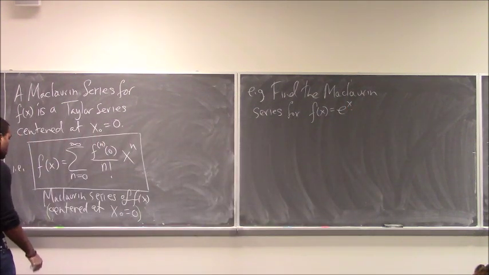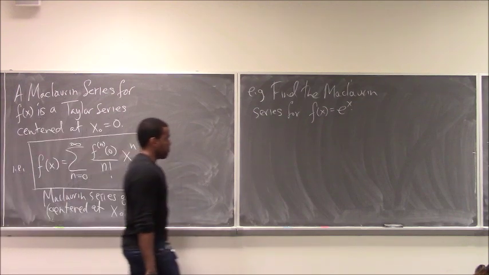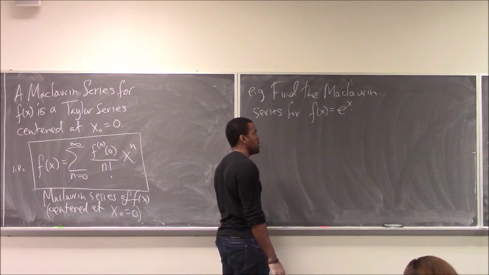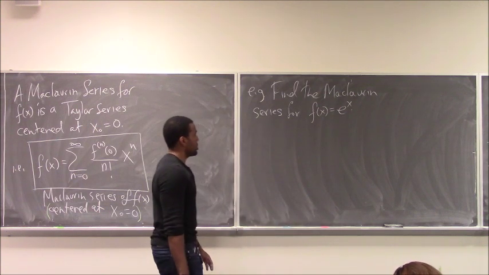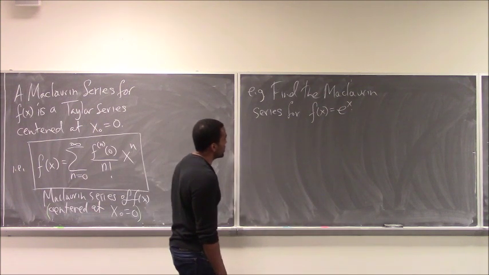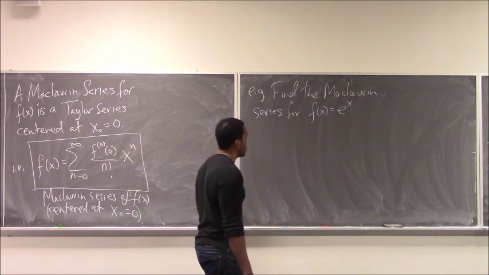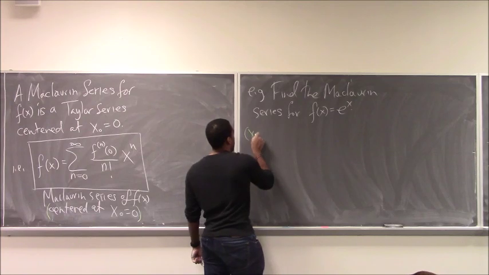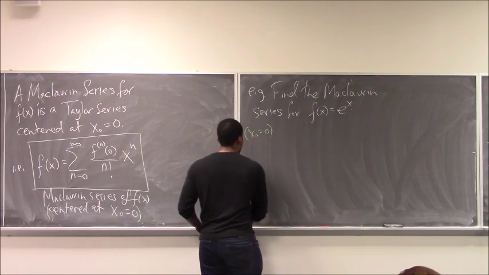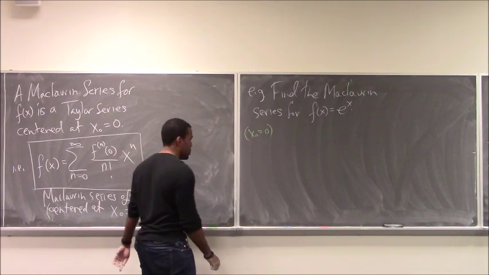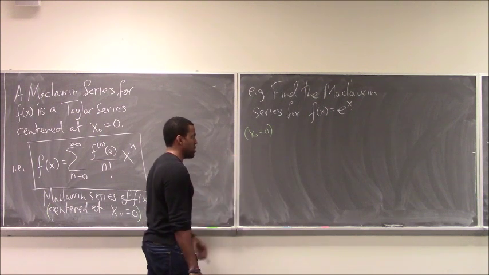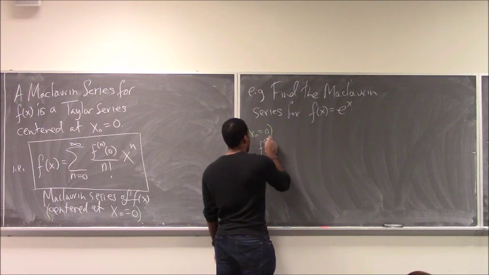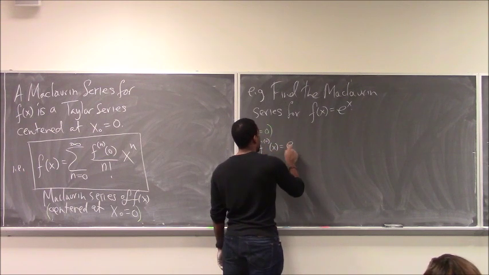I'm going to get through this one pretty quickly, just so you can see how you would build up a Taylor series if you don't actually know one. So the Maclaurin series means you're centered at x naught equals 0. And basically what you want to do is find a bunch of derivatives and try to find a pattern for the derivatives. So we know that f, the 0th derivative, is e to the x.